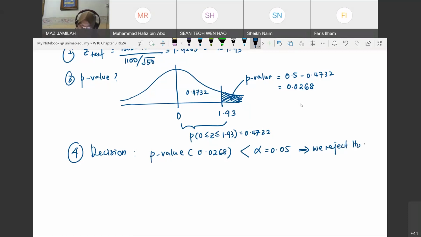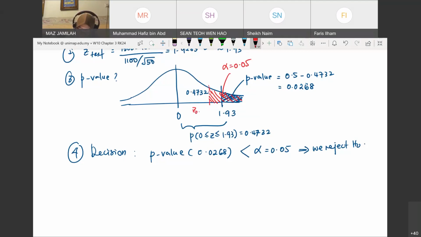I want to show you how this becomes reject the null hypothesis. This is my p-value, the shaded blue area. What is the location of my alpha? My alpha is somewhere over here, the shaded red, alpha 0.05, almost 2 times. So what is my Z alpha?